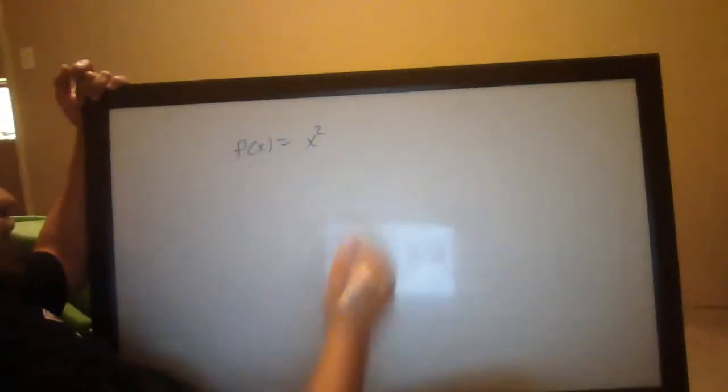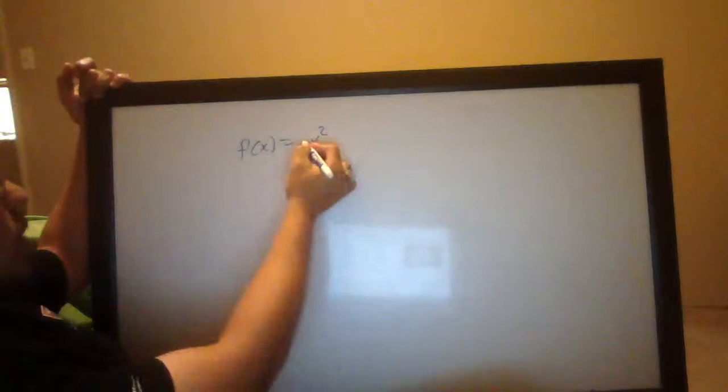So let's just jump right into some basic examples here. Now let's say we have the equation f of x is equal to x squared. Well, the basic way to take a derivative is you multiply the exponent by the constant that's in front of the variable.